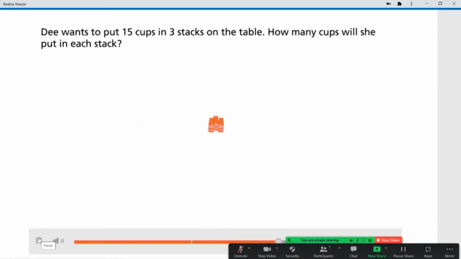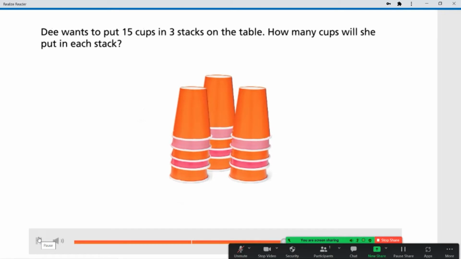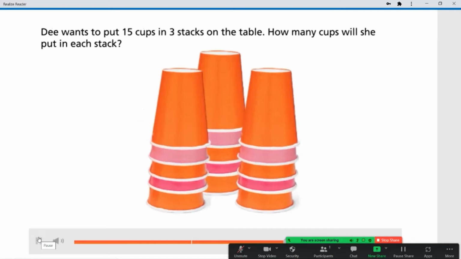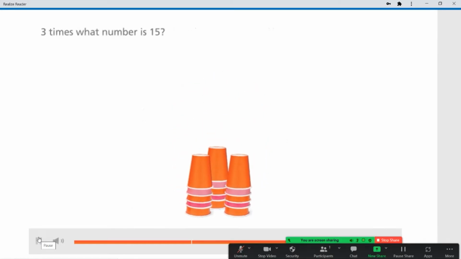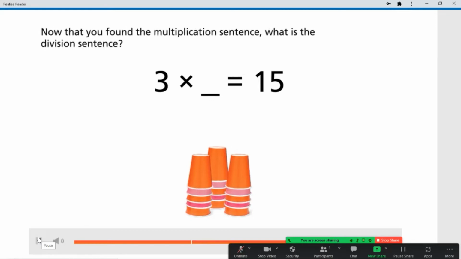D wants to put 15 cups in 3 stacks on the table. How many cups will she put in each stack? 3 times what number is 15? Now that you've found the multiplication sentence, what is the division sentence?